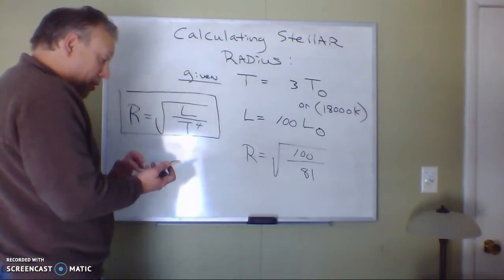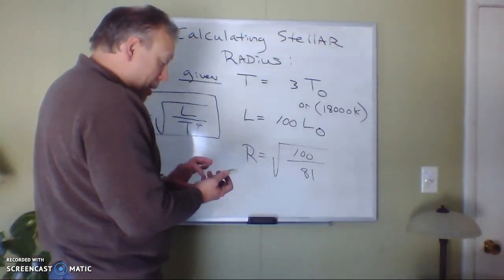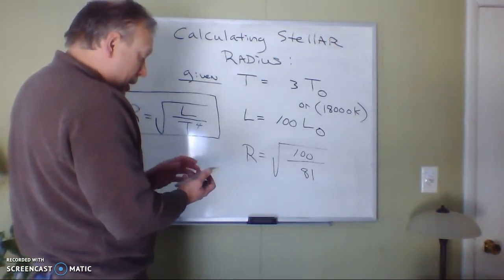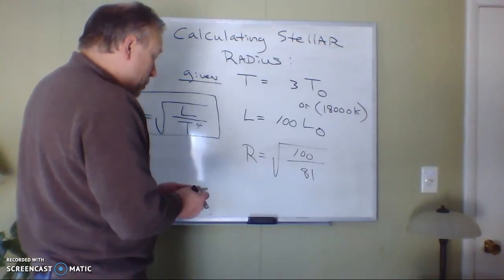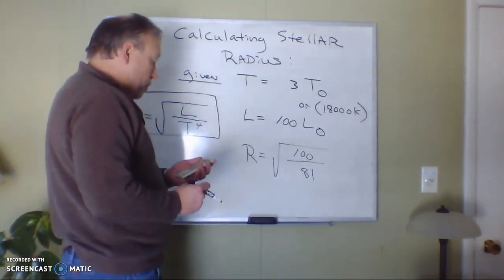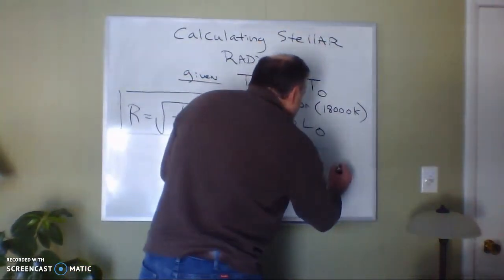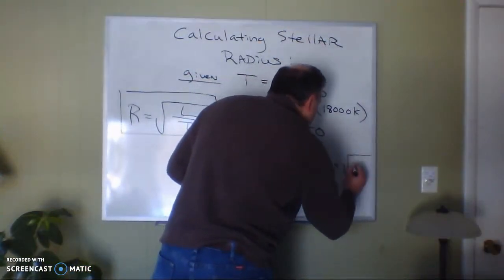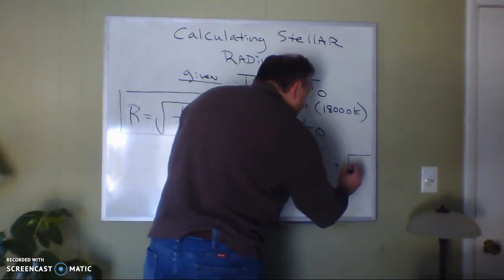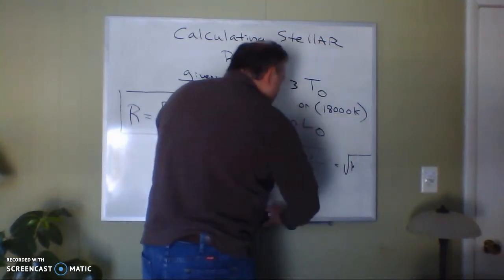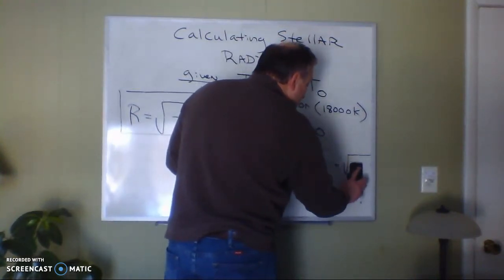So on a scientific calculator, 100 divided by 81 is equal to roughly 1.235. So we're going to need to take the square root of that. You'll want to use the complete number that you would have in your calculator to get a more precise value.